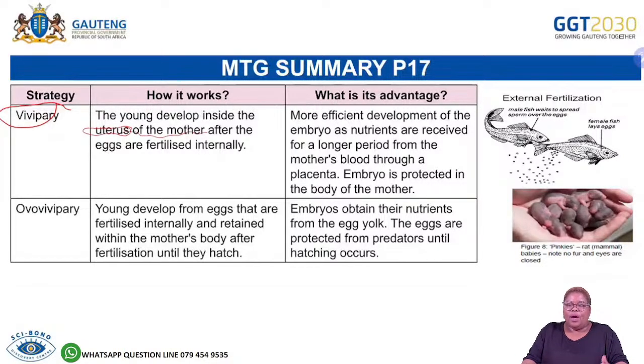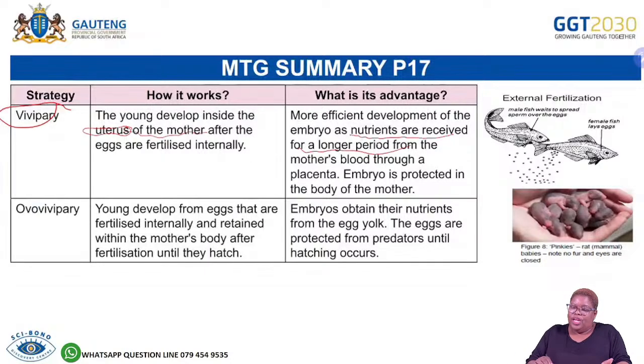Okay? Now, what is the advantage of that? It is more efficient development of the embryo as nutrients are received for a longer period. Think of a human being. For those 9 months, I'll take it from 5 months, 6 months, 7 months, 8 months, 9 months, at that time, birth can happen, right?